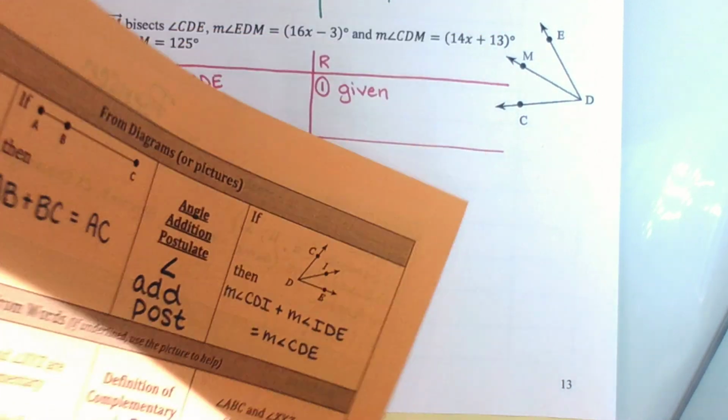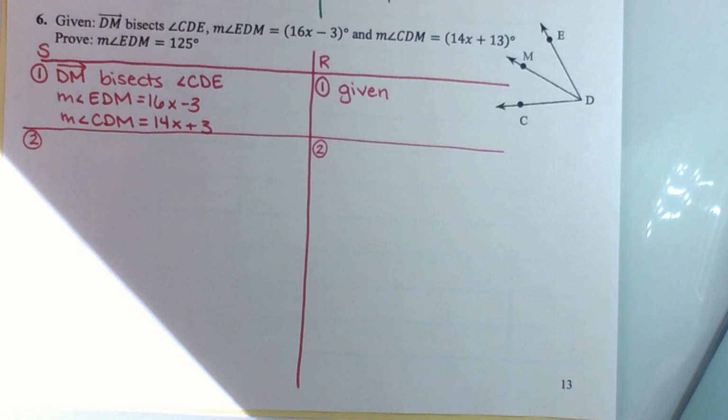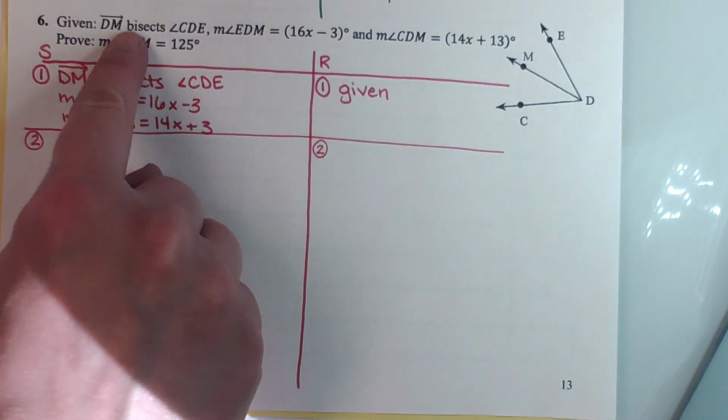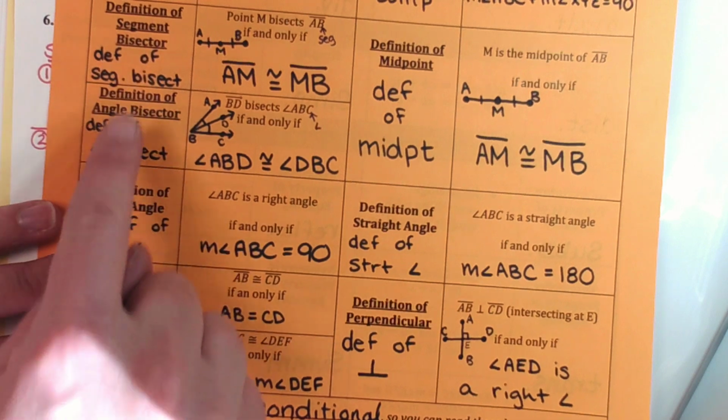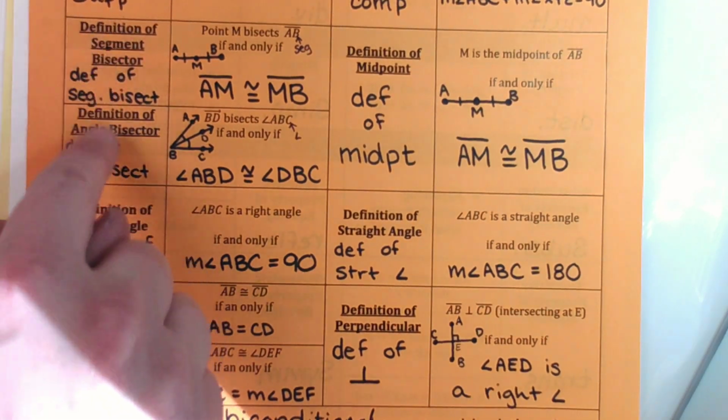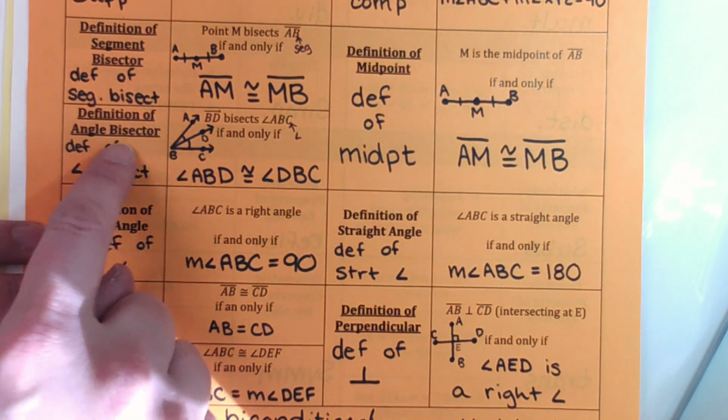First thing we do is, do I have a word? Bisects. Which kind of bisector do I have? Definition of angle bisector.